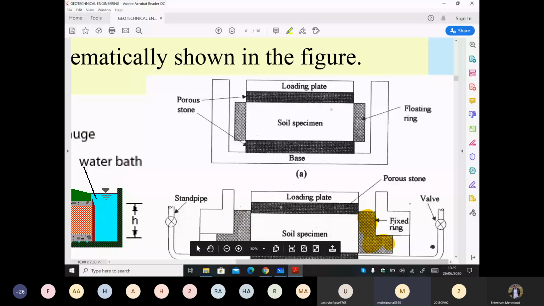The ring cannot move. But in a floating ring, you see the ring can also move up. The ring is free. There is no support on top of the ring. So that's why it's called a fixed ring and a floating ring.